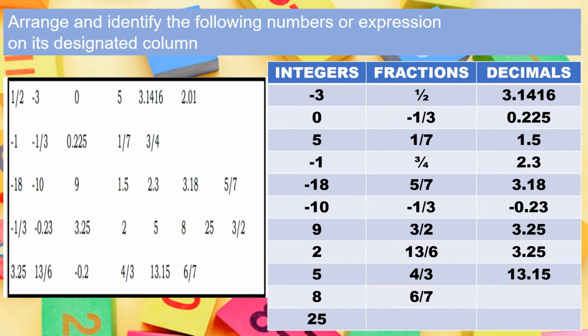Decimals, 3 and 14/16, 225,000, 1.5, 2.3, 3.18, negative 0.23, 3 and 25, 3 and 25, 13 and 15.